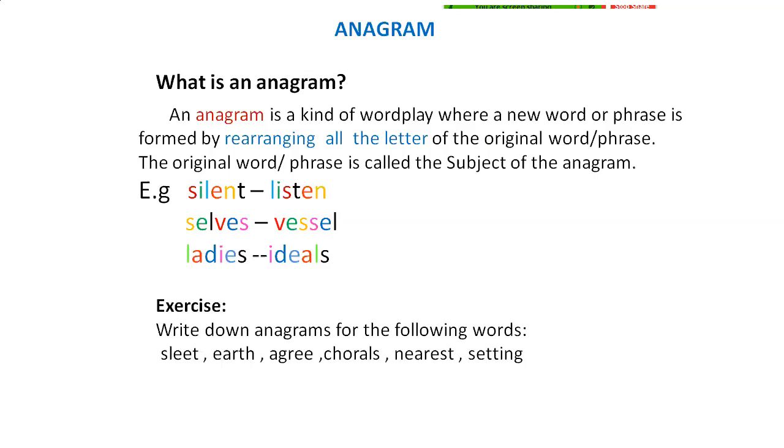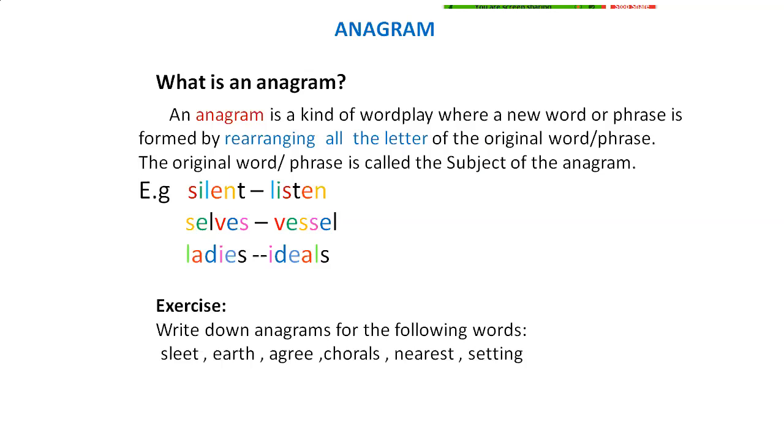That is anagram. What is an anagram? An anagram is a kind of word play where a new word or phrase is formed by rearranging all the letters of the original word or phrase.